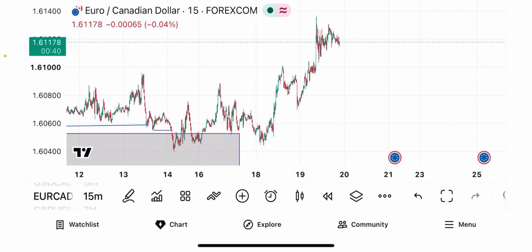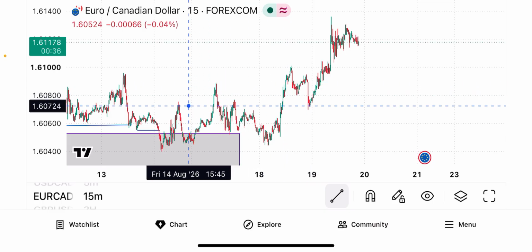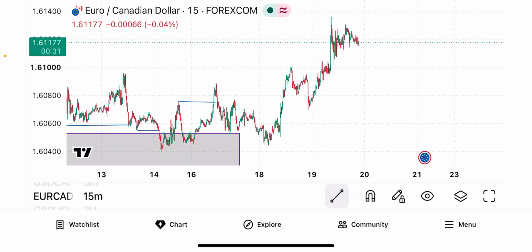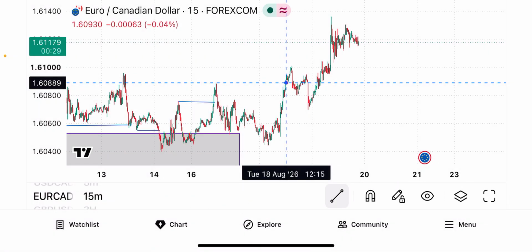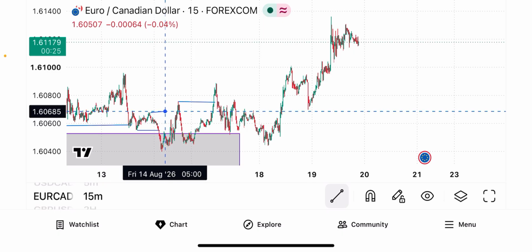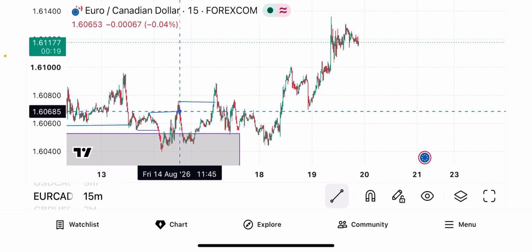Then you can see another big structure to the upside here, and you can see the market taking out this high, which was the last structure to the downside, as a change of character, or MSS, market structure shift. This is a change of character here.